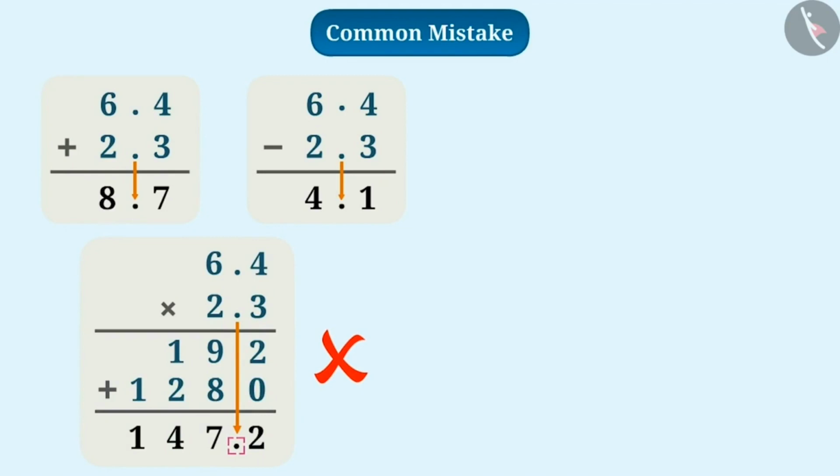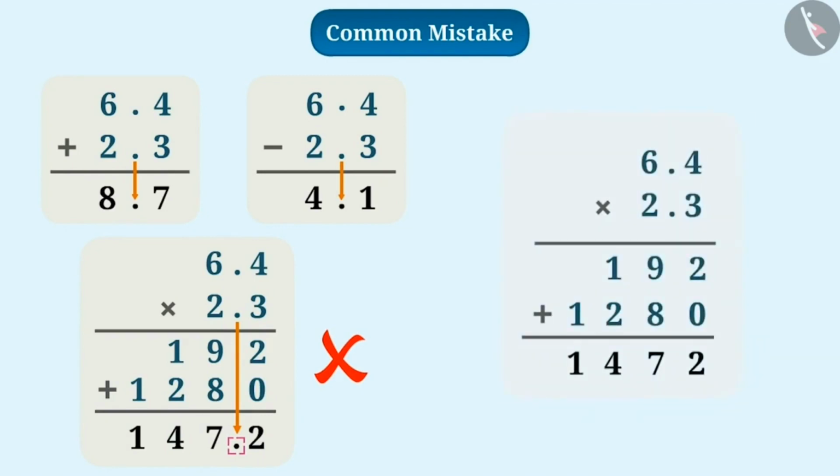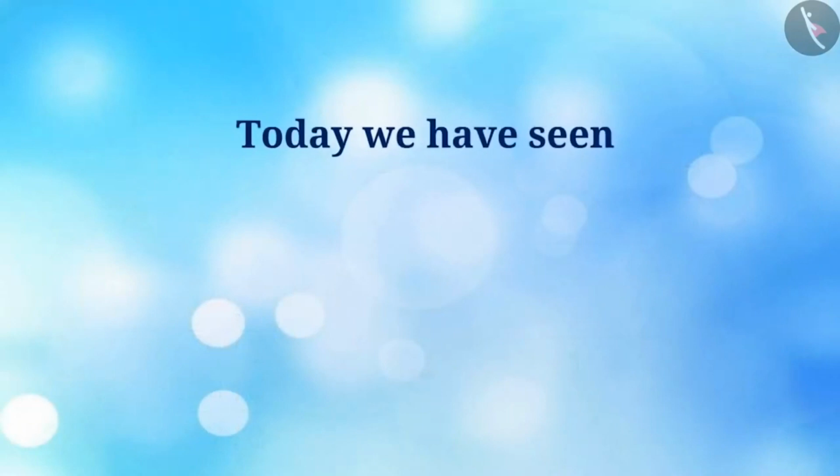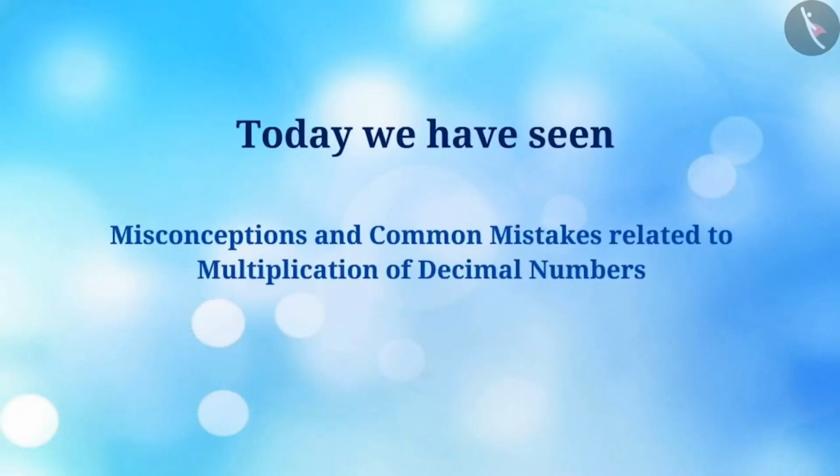The correct understanding is that we have to count the number of digits present after the decimal point in both the numbers getting multiplied. Then the total number of digits after the decimal point in both numbers is counted. Then we count that many digits in the result from the right and place the decimal point. Today we have seen misconceptions and common mistakes related to multiplication of decimals.